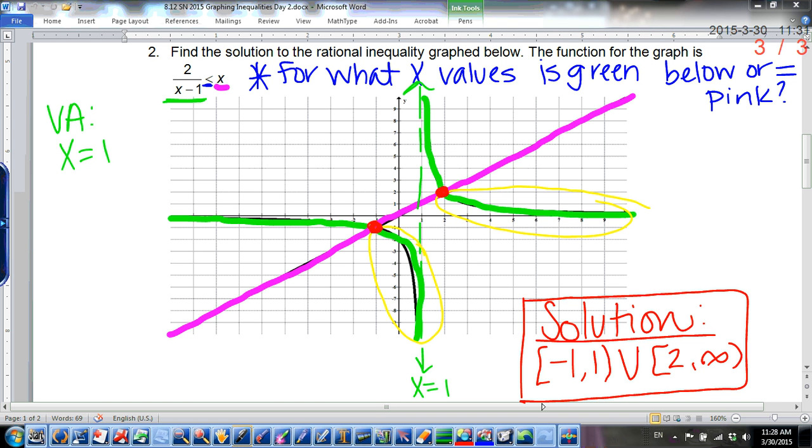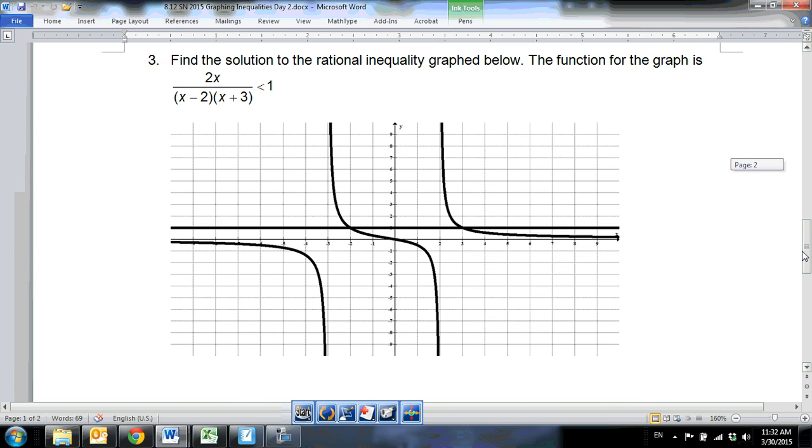All right, flip it over and give number 3 a try on your own.